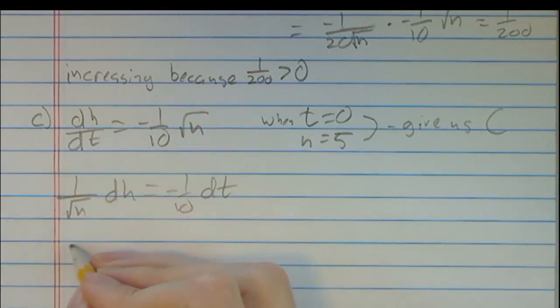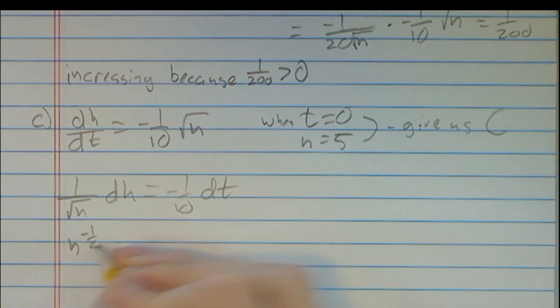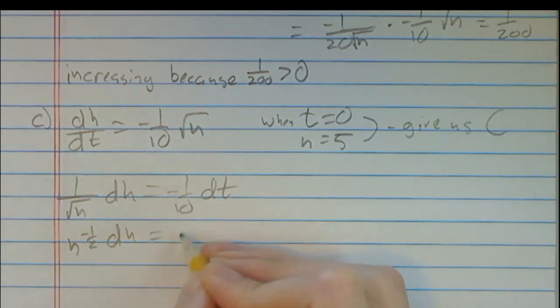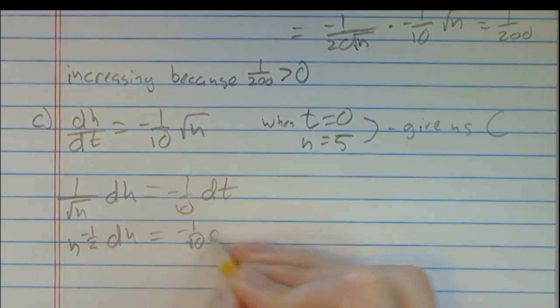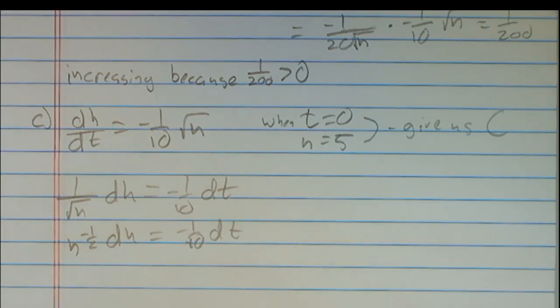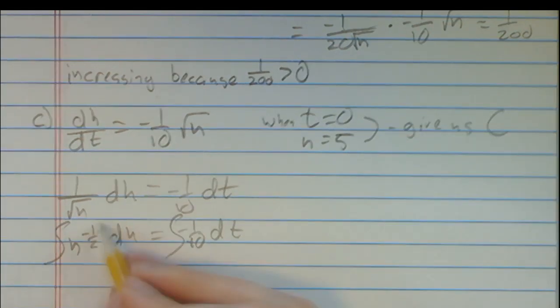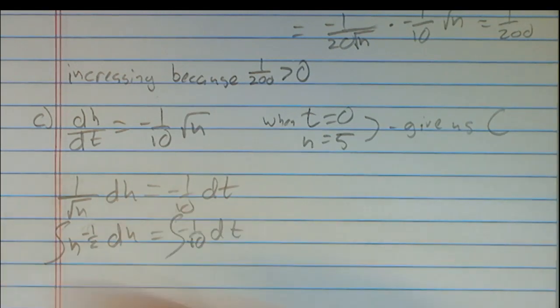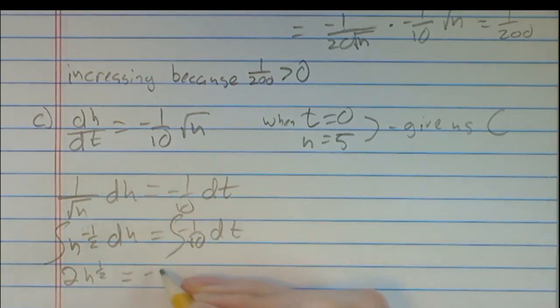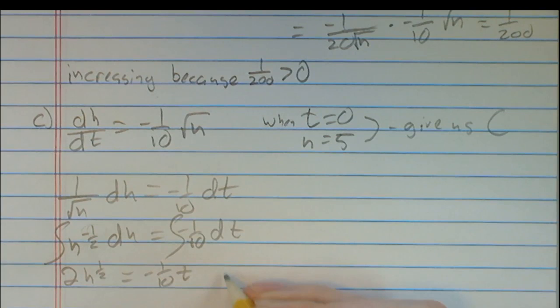So this is h to the negative 1/2 dh equals negative 1/10 dt. Okay, so we anti-differentiate. We're going to add 1 and divide by our new one, so that's 2 h to the 1/2 equals negative 1/10 t plus our constant.